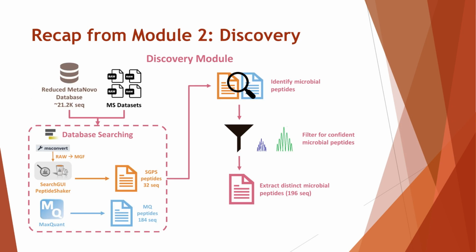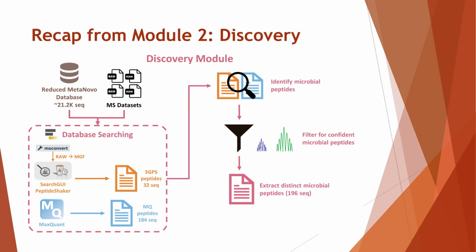Here is the recap of the discovery module. We used the reduced MetaNovo database from Module 1 and our sample MS datasets as inputs for SearchGUI PeptideShaker and MaxQuant to identify peptide and protein sequences via sequence database searching.